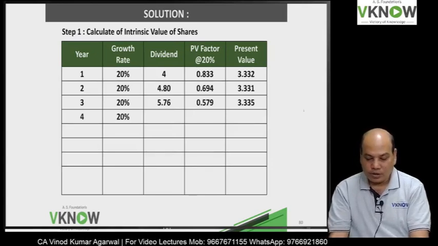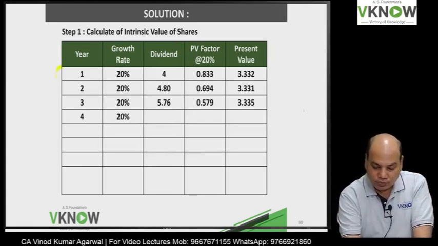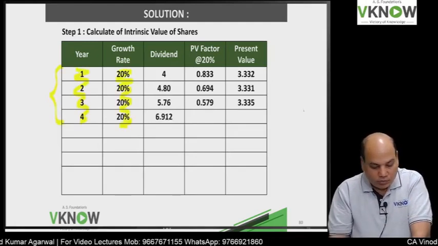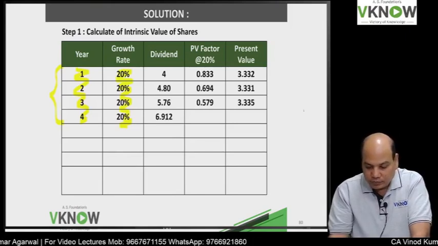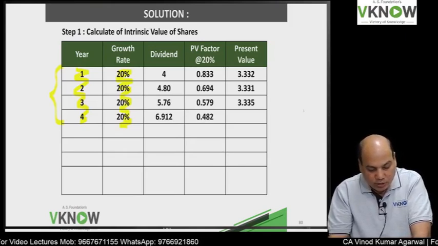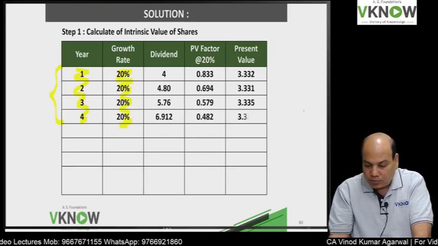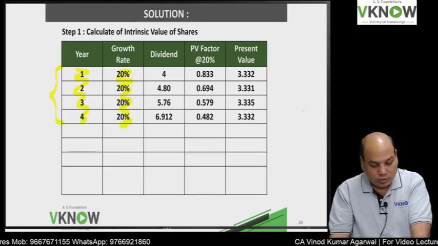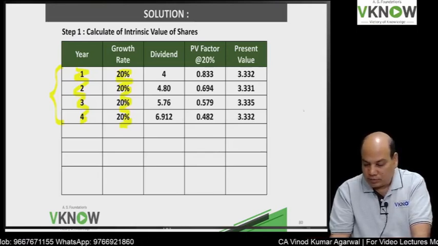Year 4, again 20%. Up to year 4, the growth rate will be 20%. The factor is given, 0.482, multiply, 3.332.